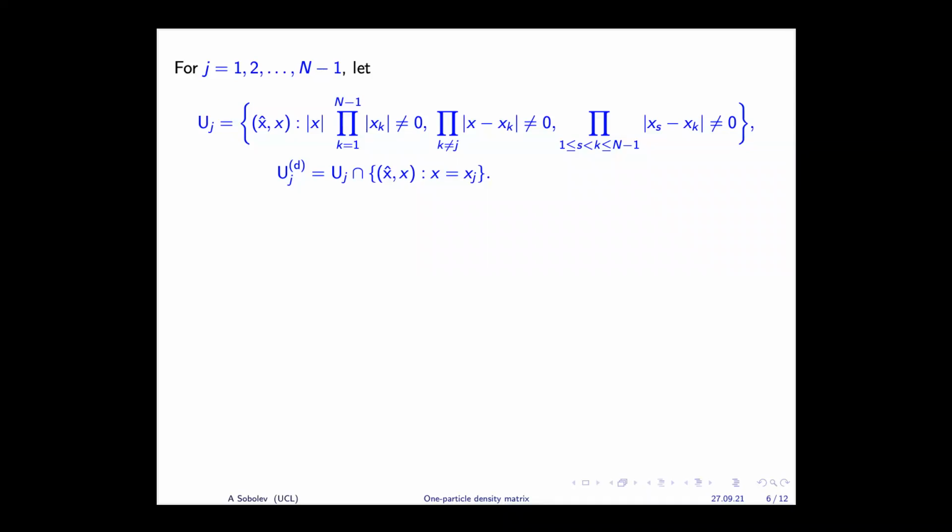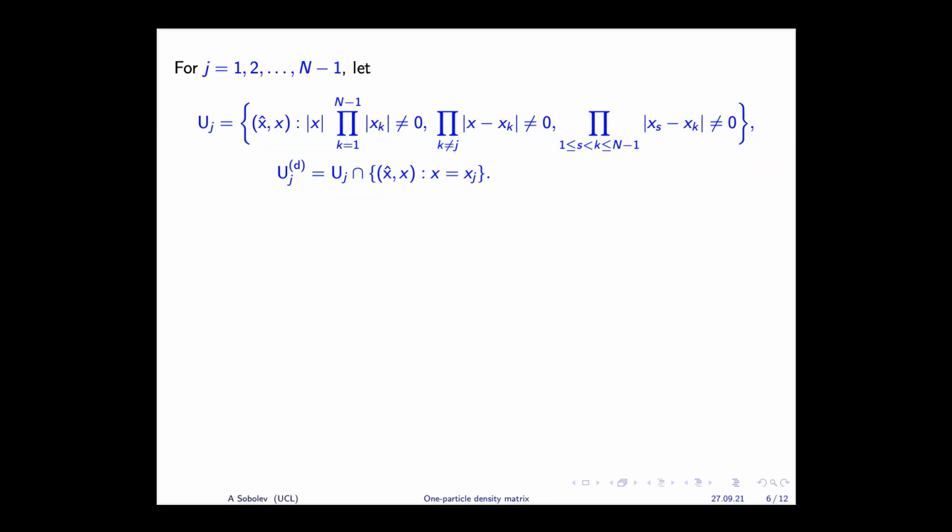None of them touch except for one pair of particles, and this is the pair x and xj, as you can see, the j is missing from here. So x can be equal to xj. This is the situation when you can actually put two particles together, assuming that every other pair is separated.